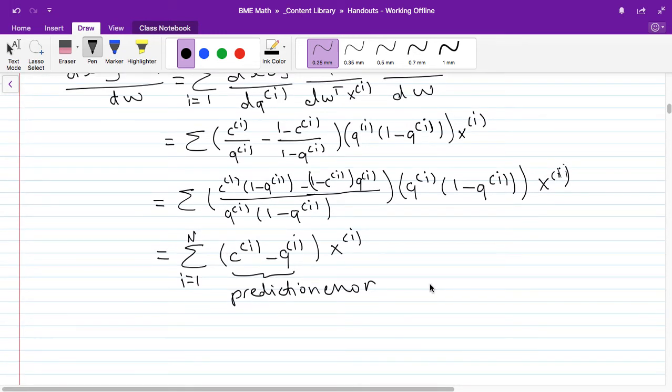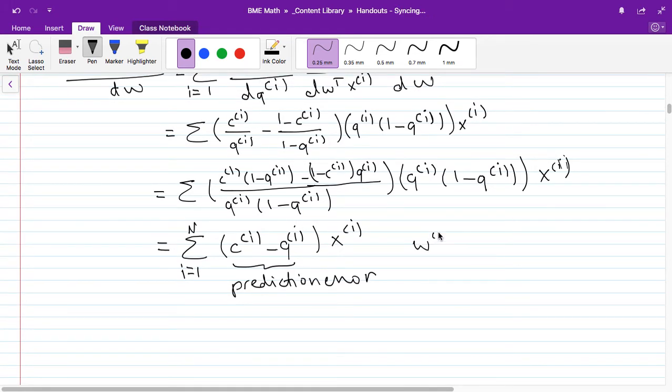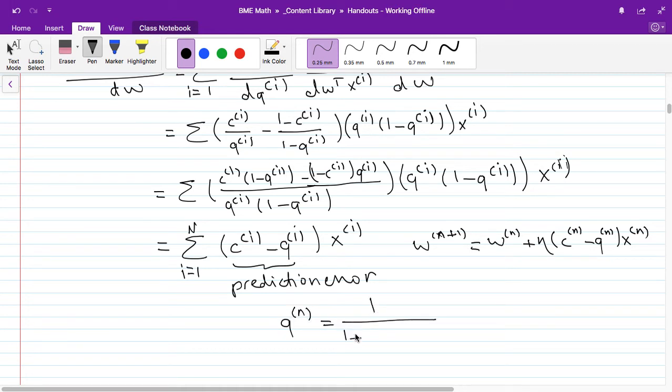So a reasonable learning rule might be something like this: W of n plus 1 is W of n plus some learning constant times your prediction error times the input on that trial, where this Q is the logistic function that relates to input x, multiplies it by the weight w, and gives you the posterior probability.